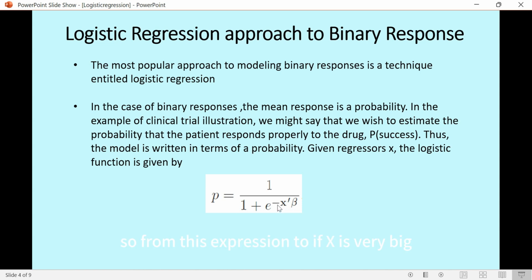From this expression, if x is very big, the exponential part will be close to 0, so the result will be almost 1. And if x is very small, a very big negative number, the exponential part will be very big, and the probability will be close to 0.